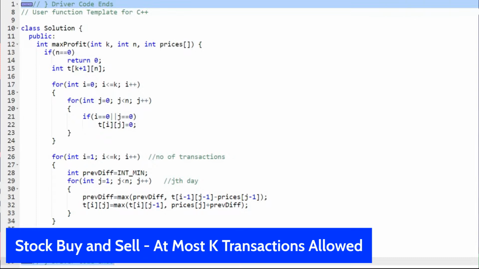And what is that previous difference? It is basically the maximum profit that you get when you subtract the current stock value from each of the previous days' values. Just try to analyze the code once.